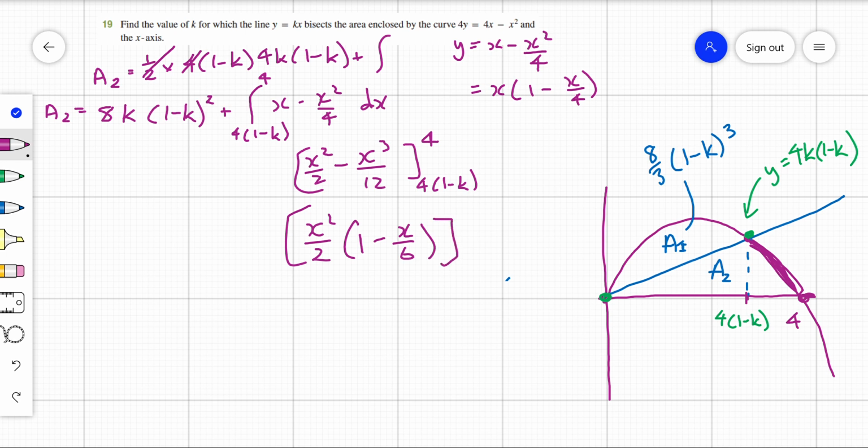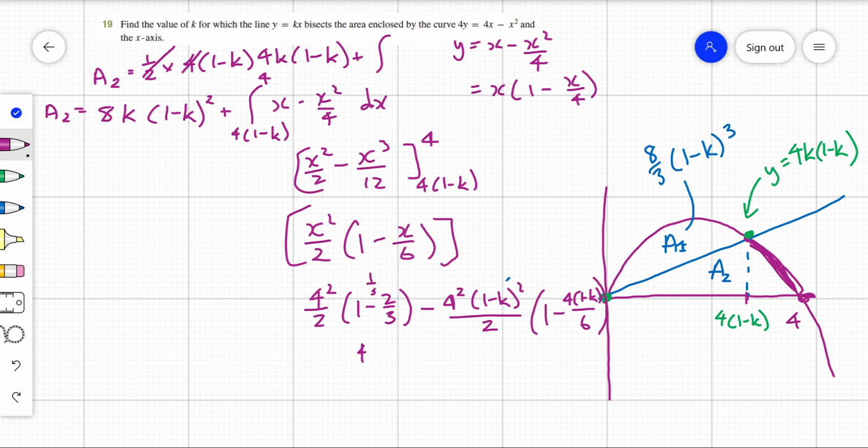So if I sub 4 in first, I'm going to get 4 squared on 2, 1 minus 4/6, minus, then I'm going to sub in the 4(1 minus k), so 4 squared (1 minus k) squared on 2, 1 minus 4(1 minus k) on 6. Alright, so 1 minus 2/3, just this bit here, is 1/3.